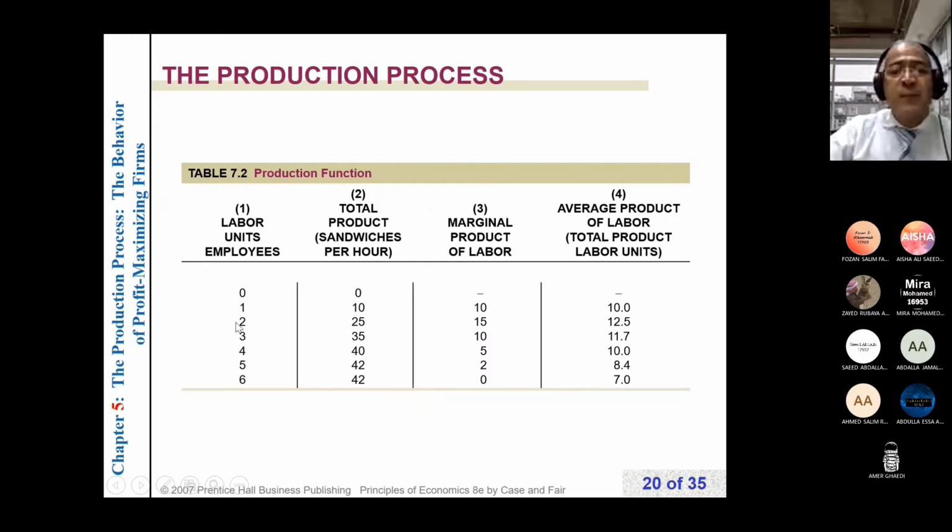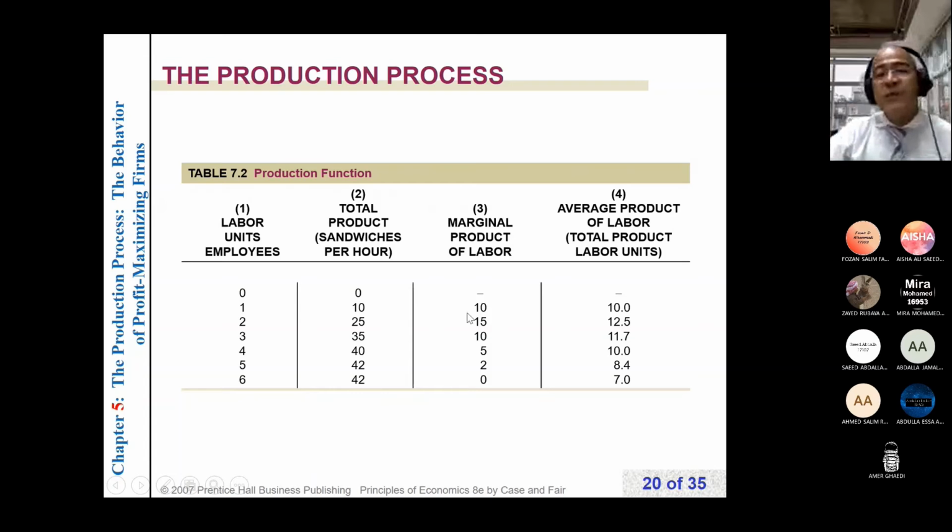The marginal product of the second worker: the change in total product, 25 minus 10, which is 15, divided by 2 minus 1, which is 1. So 15 divided by 1 is 15. What is 15? That means the second worker caused total product to increase by 15 units. So marginal product is the productivity of the last worker.